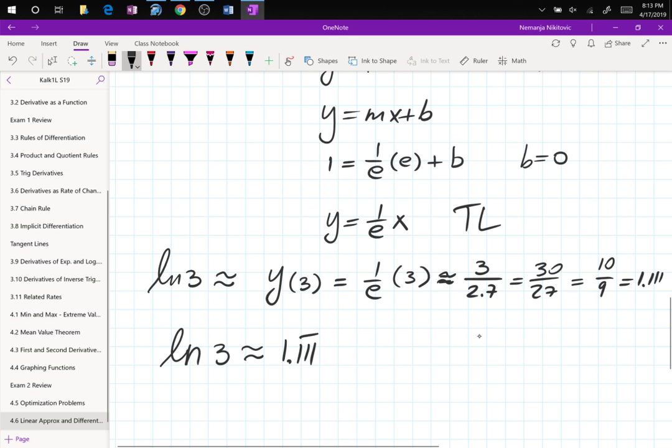Now we go to the calculator, ln3 is 1.09861. We're not even 2 cents off on this calculation. How cool is this?